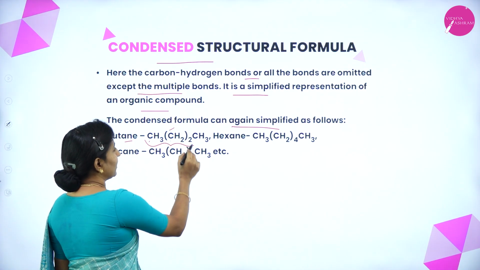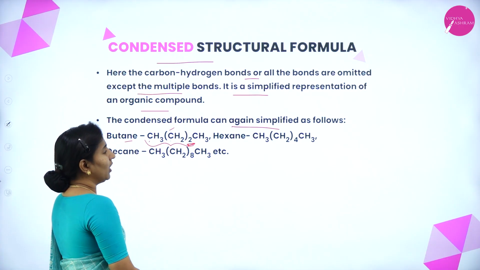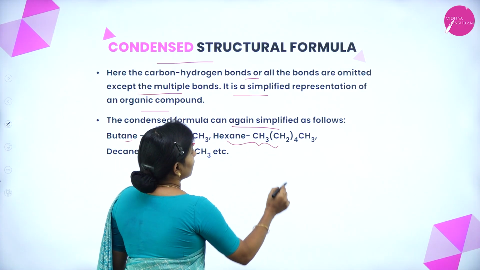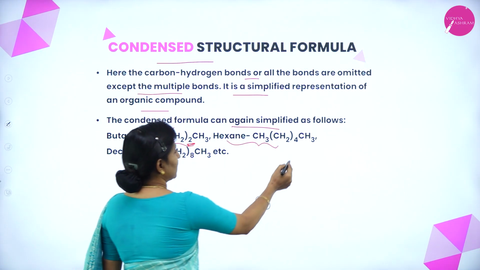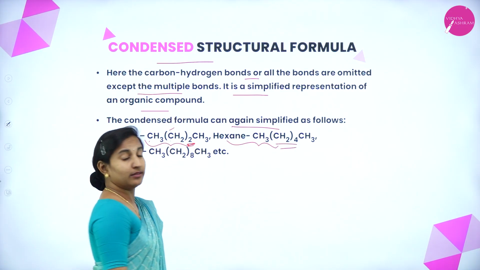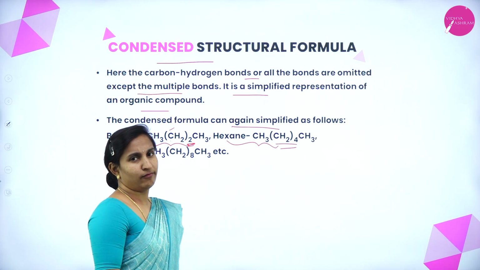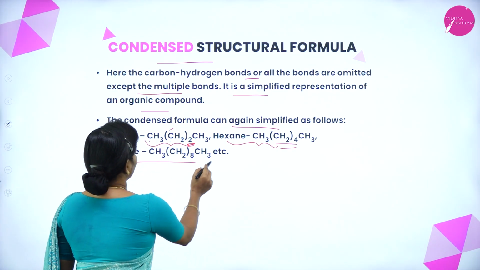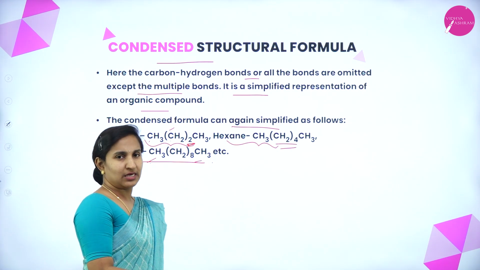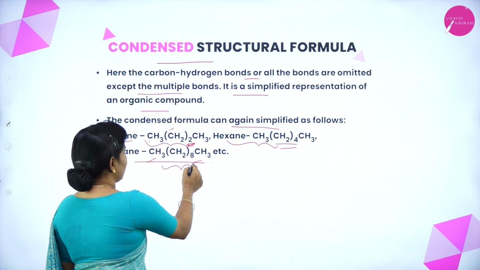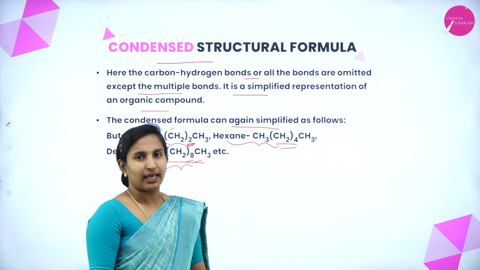The second and third carbon atoms are represented in this way. This is hexane. The successive series of CH2 groups can be represented like this. It is called a condensed formula. This is decane. The primary and terminal carbons are represented, and the middle carbons can be represented like this. This is called decane.